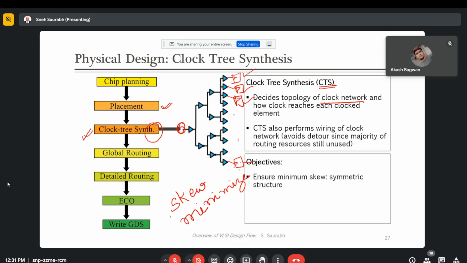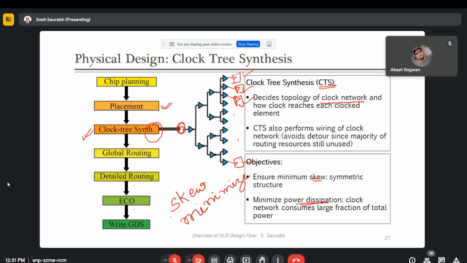During the clock tree synthesis, the objective is to minimize the skew, as we have discussed, and we also try to minimize the power dissipation. Why do we want to minimize the power dissipation? Because the clock signal is a signal which consumes the maximum dynamic power. Why?